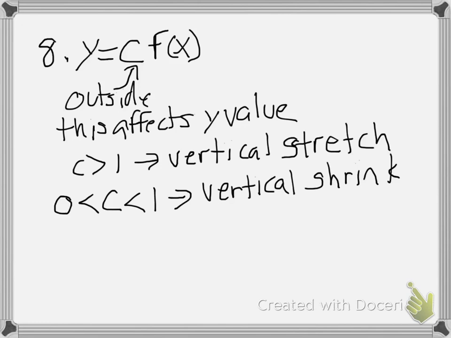Well, then that becomes negative, and now all of a sudden we have a reflection. So C in this case will never be anything less than 0. If it is any fraction between 0 and 1, we're going to be shrinking our function. If it is any whole number, or any number greater than 1, it's going to be stretching it. And what if it's 1? Well, if it's 1, then that's the same size. We're not shrinking it or stretching it.